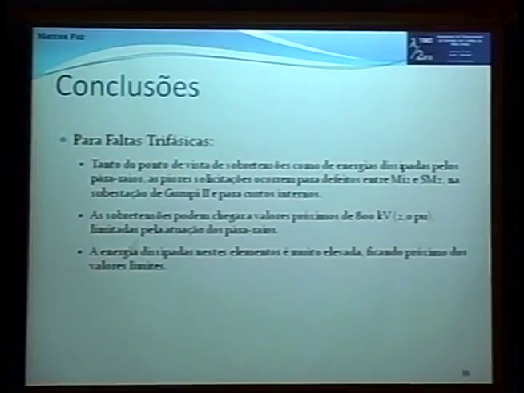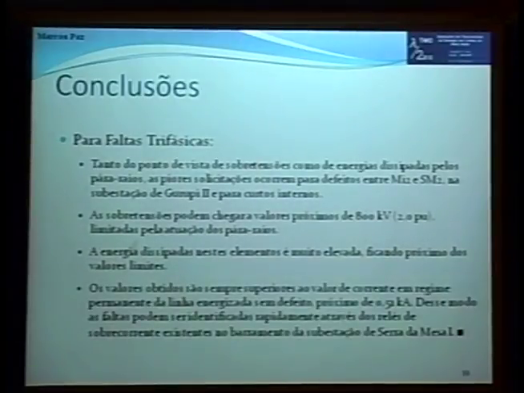So the substations of Miracema 1, Colinas 1, and Serra da Mesa 1, at the beginning of the line, were the most demanded points for three-phase faults. The values obtained are always higher than the current value in regime when we're monitoring the current.